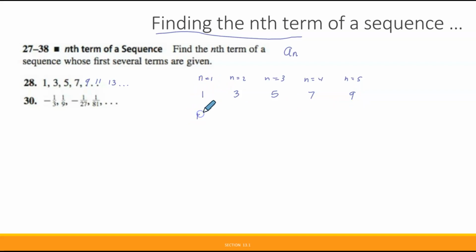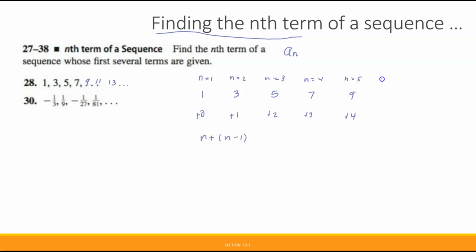Let me see if we could figure something out here. 1 plus 0 is 1. 2 plus 1 is 3. 3 plus 2 is 5. 4 plus 3 is 7. 5 plus 4 is 9. If we take n and add n minus 1 to it, that's going to generate our numbers.